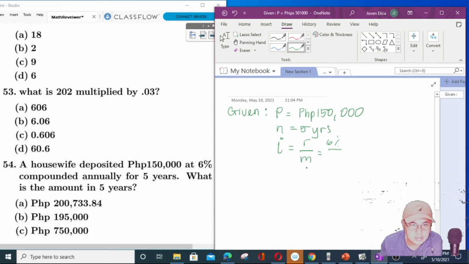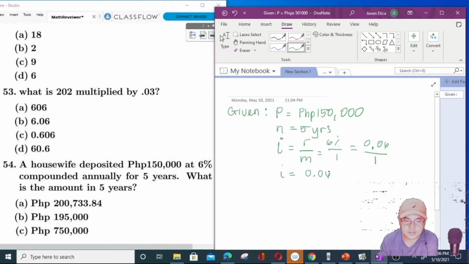Compounded annually, that means 1. What is the amount in 5 years? So I is equal to 0.06 divided by 1, so our I here is equal to 0.06.